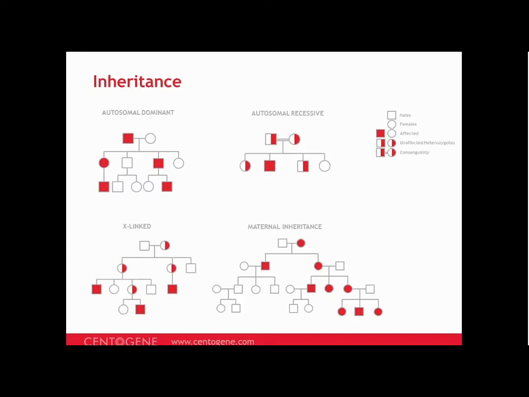Maternal inheritance, dependent on mitochondrial DNA, shows no gender discrimination. A mother can pass the mutated mitochondrial DNA to sons and daughters. But in X-linked inheritance, usually females are carriers. They could be affected, but usually milder than males, and usually males are affected.